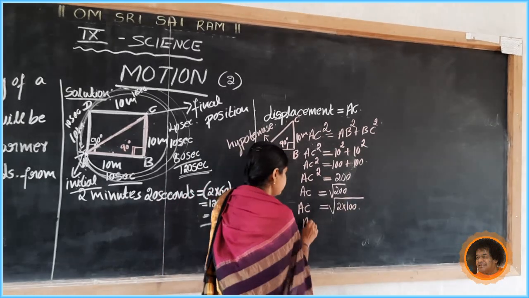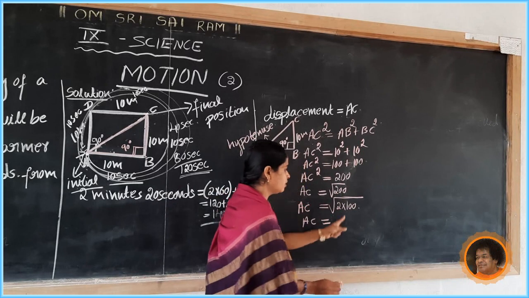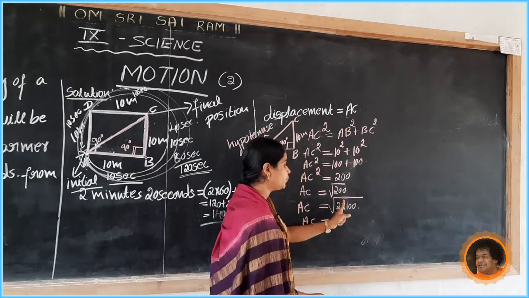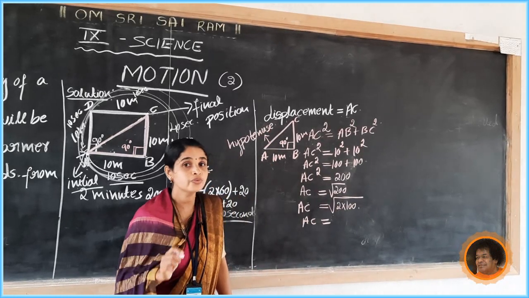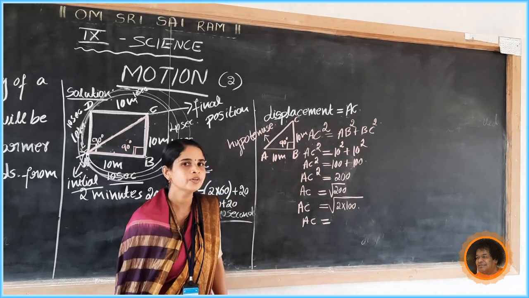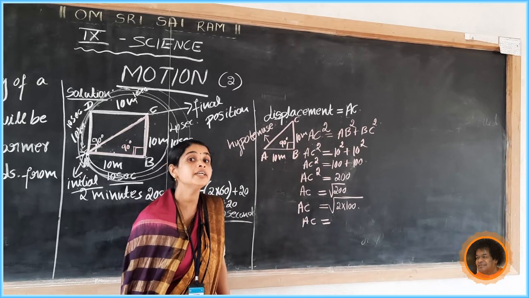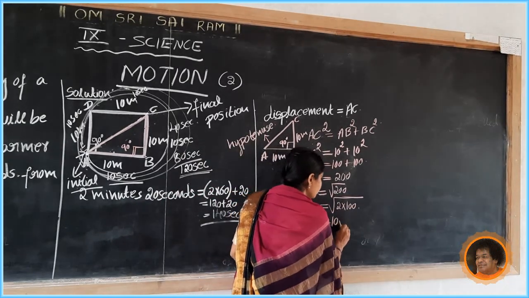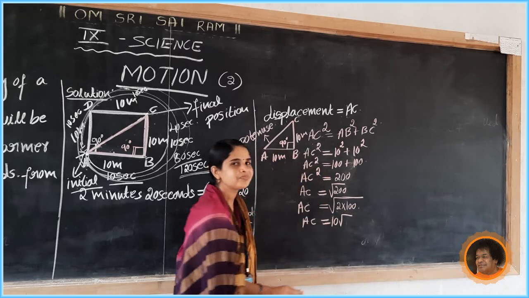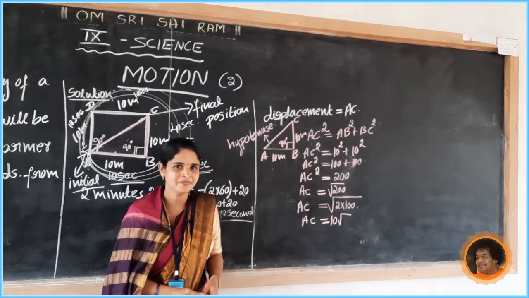The next step, AC equals square root of 2 into square root of 100. What is the value of square root of 100? Square root of 100 is 10. Correct. 10 into square root of 2. It is an irrational number.